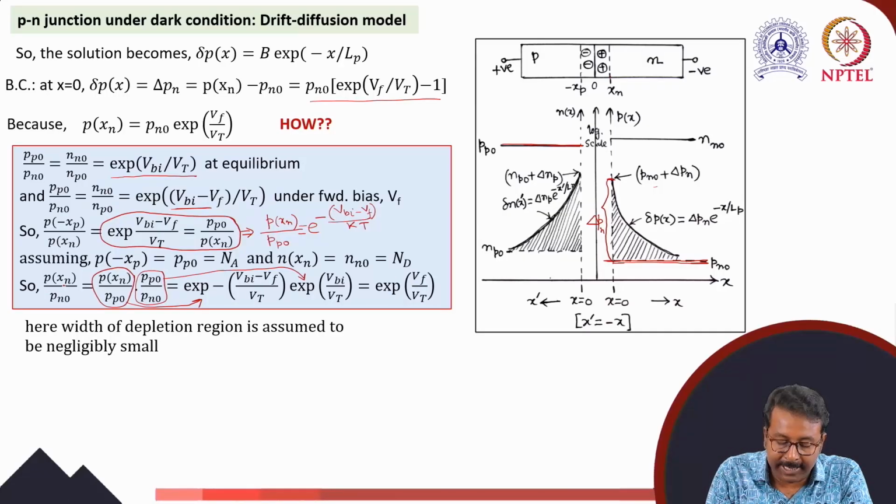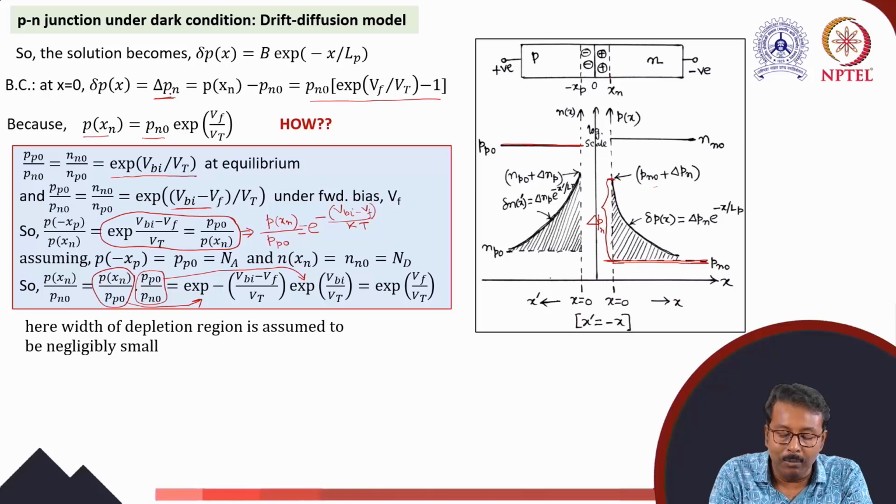P at xn, that is excess minority holes at xn, is equal to Pn0 into exponential Vf by Vt. That's why we have written Pxn is equal to Pn0 exponential Vf by Vt. Putting this value, we can have delta Pn.